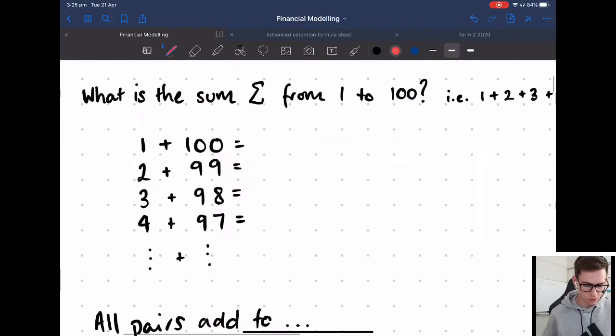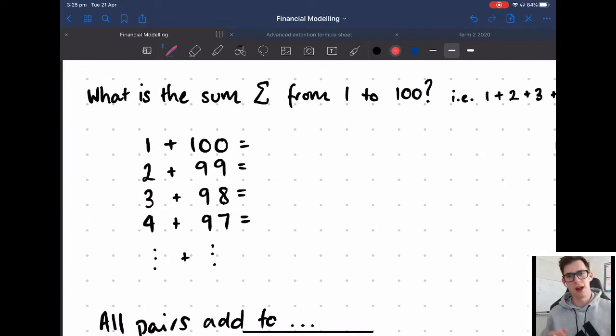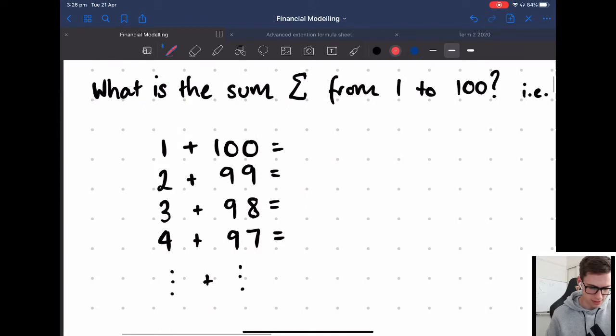What I first want you to think about is breaking 1 to 100 into pairs, going from the top and the bottom, and having that as our pair. The first and last term is what's really important with these series. So the first and last term is 1 plus 100, which gives us 101.